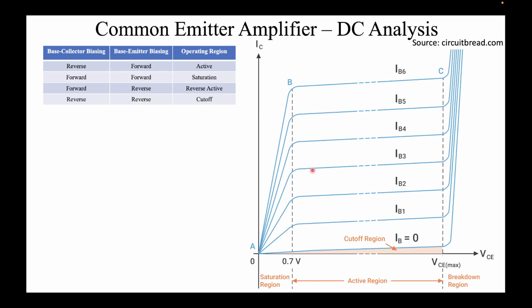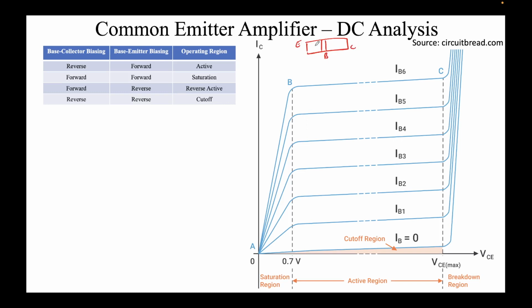The region of primary interest to us, when we are operating in amplifier mode, is the active region. What do we mean by the active region? In the active region, the base emitter junction is forward biased. This means there is a huge supply of electrons from emitter to the base. Recall that we had an emitter, a narrow base and a collector.